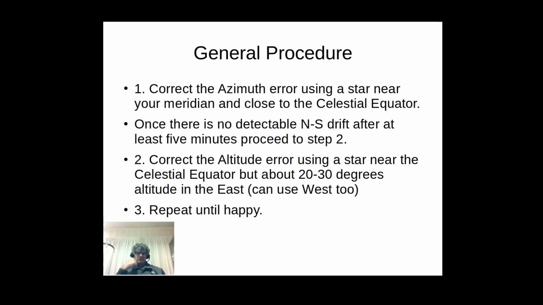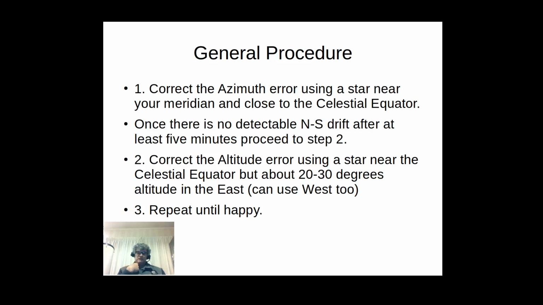You don't want it on the meridian, because some equatorial mounts won't go very far over the meridian, so you don't want a meridian flip to have to occur while you're doing this, but maybe within an hour either side of the meridian. And you want the star also to be near the celestial equator for best use. So you use that star to dial out the north-south drift while you're observing it.